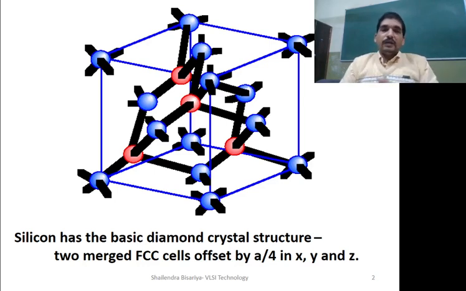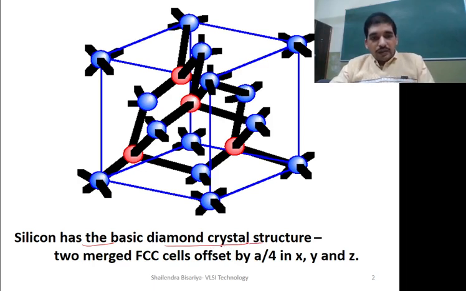You can see from this diagram, silicon has the basic diamond crystal structure, and the diamond crystal structure is basically, as you can see here, two merged face centered cubic.